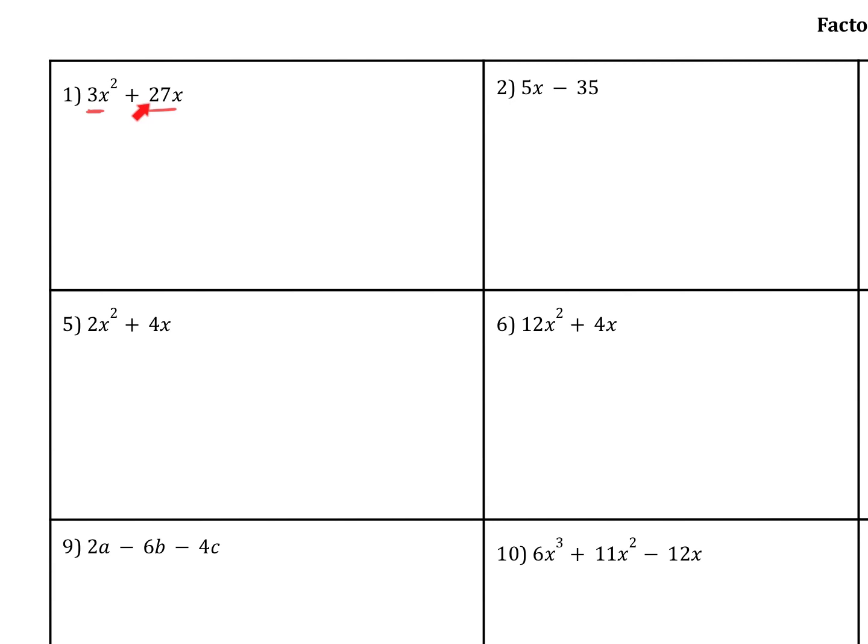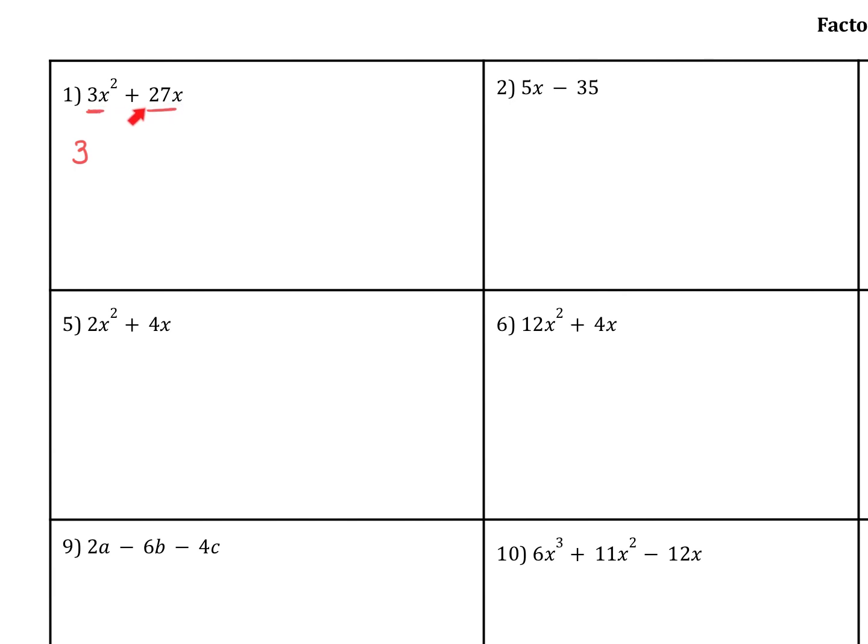So the 3 and 27. Both of them have a 3 in common, so we take the 3 outside. And if you look at the variable, x squared means 2 x's, x times x, and the other has 1 x.